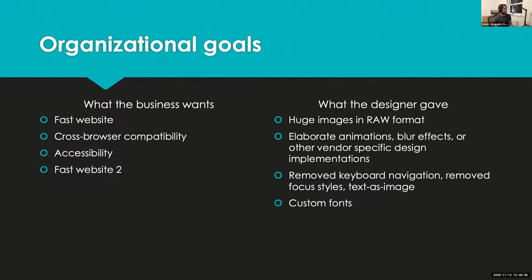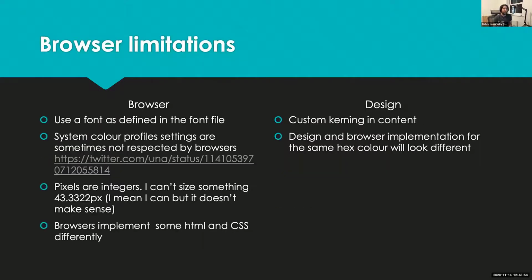If the organizational goal is accessibility, then I'm not going to be able to remove those pesky outlines or just put text in an image. Or if I want a fast website, I'm probably not going to be able to use a myriad of custom fonts.